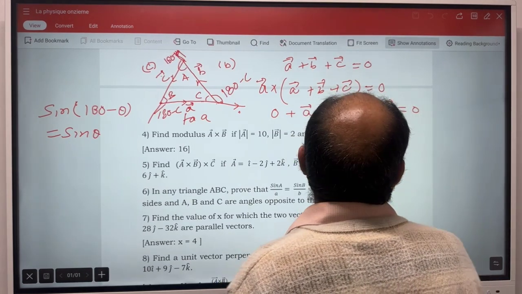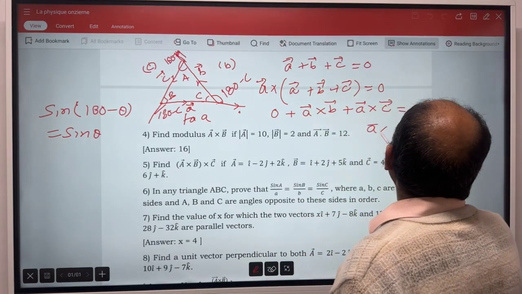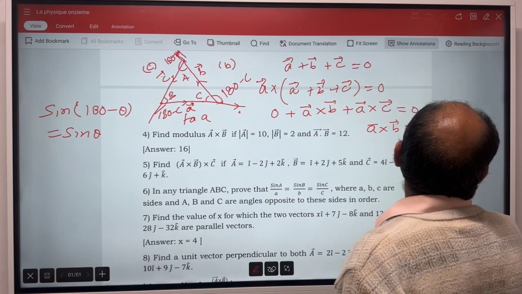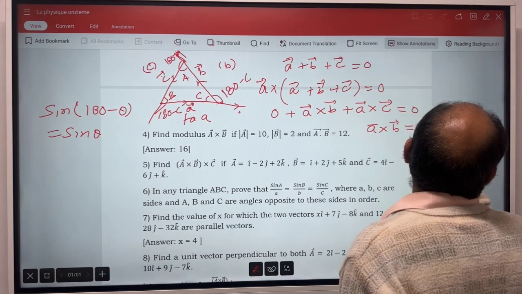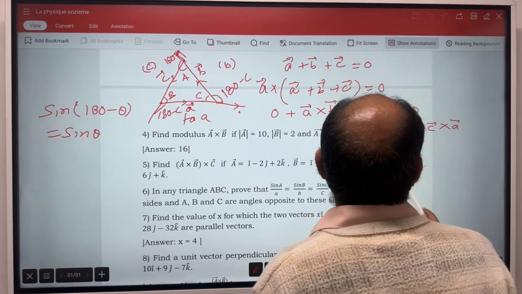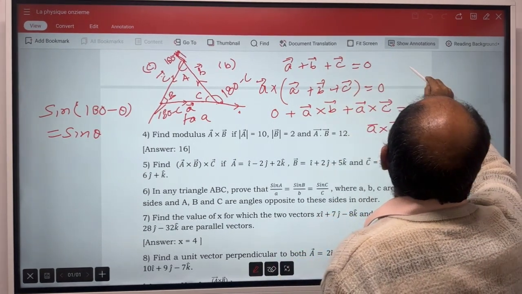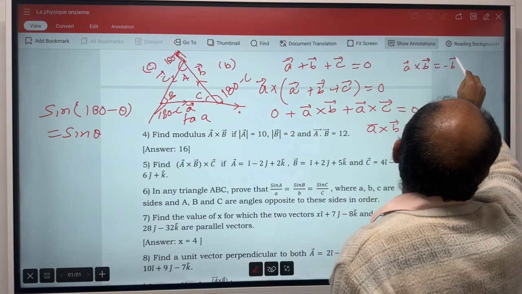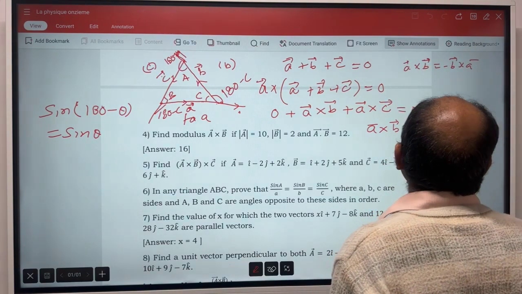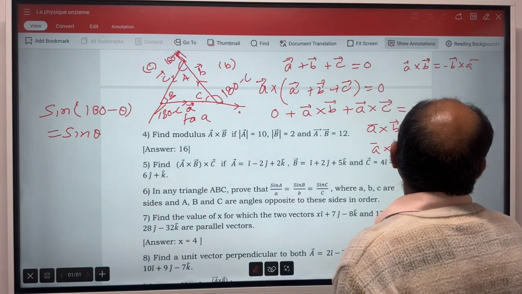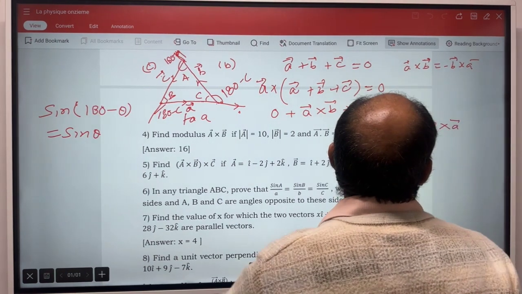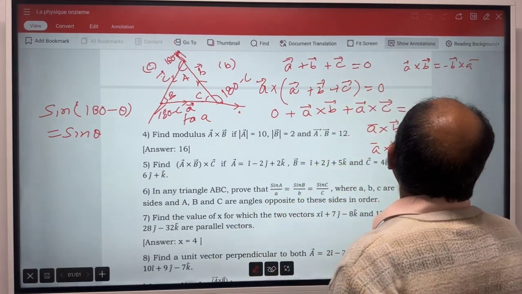Or you can write A cross B equals minus C cross A. If you change the order, vector A cross vector B is the negative of vector B cross vector A. So here you can write A cross B is equal to, this will become C cross A with a negative sign.